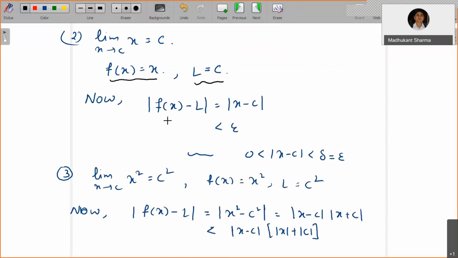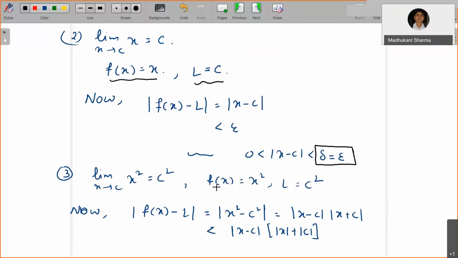Now find the difference f(x) minus L. Mod of f(x) minus L equals mod of x minus c, which is certainly less than epsilon whenever you choose 0 less than mod x minus c less than delta, and if you choose delta equal to epsilon, you are through with this. So your objective is to create an artificial delta or artificial epsilon, whichever is easy for you.